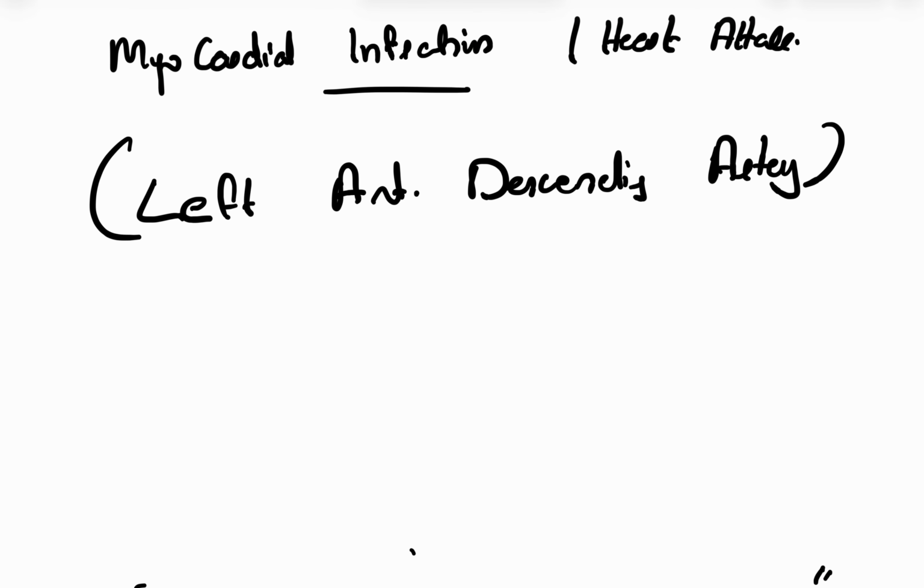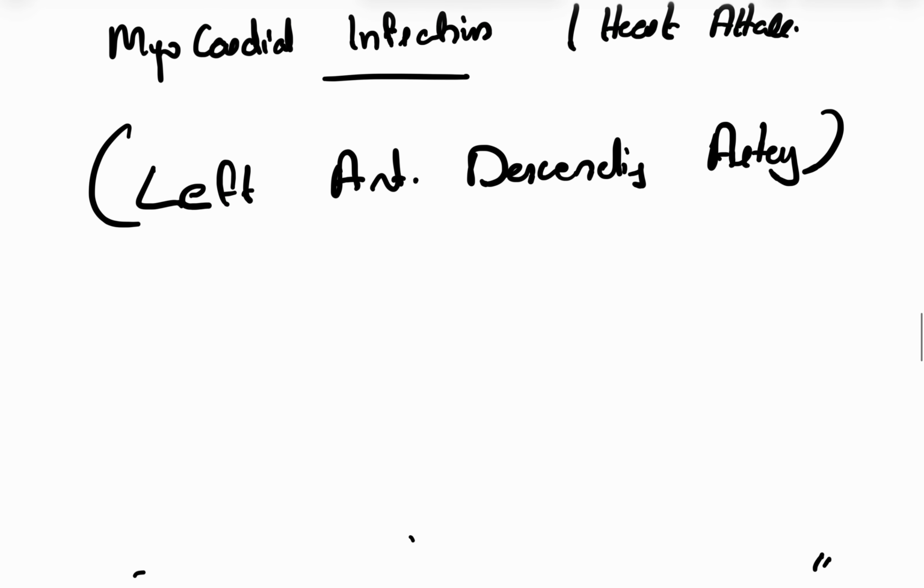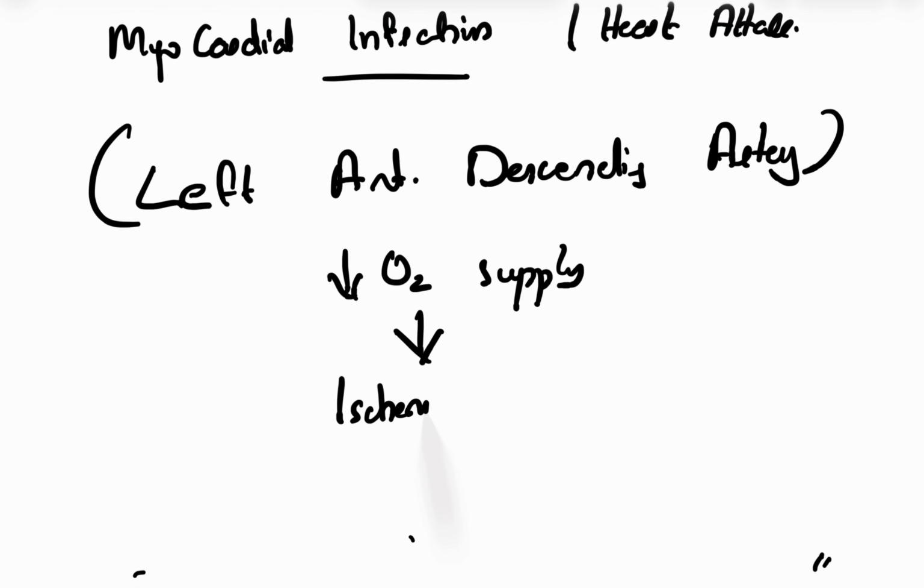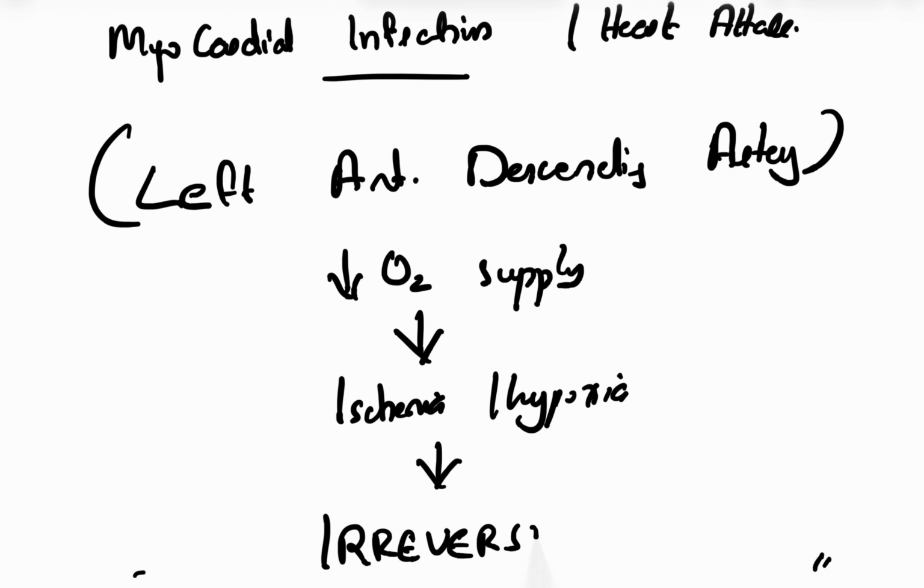It is also known as the widow's artery. When there is a prolonged lack of oxygen supply to the heart muscles, the heart muscles are going to have ischemia or hypoxia. Hypoxia will result in irreversible damage to the heart muscles, and that causes MI.